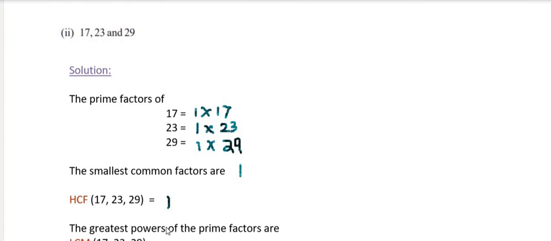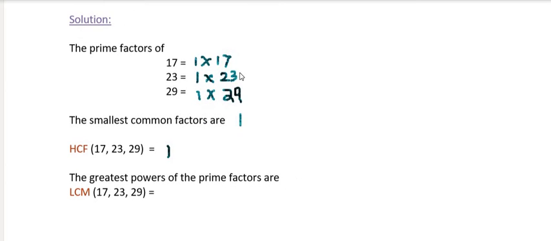And we are going to find out the greatest powers. The greatest powers are, we have only 17 and we can write it as 17 power 1, 23 power 1 and 29 power 1.